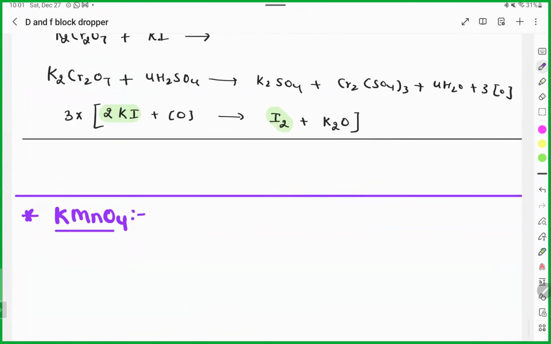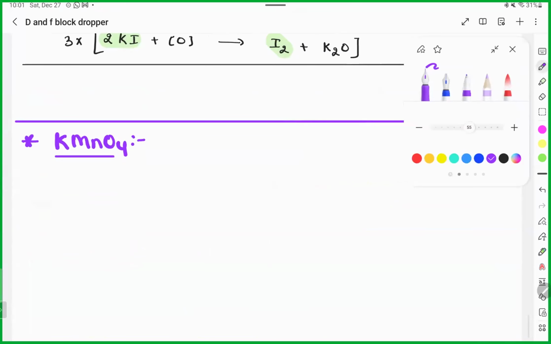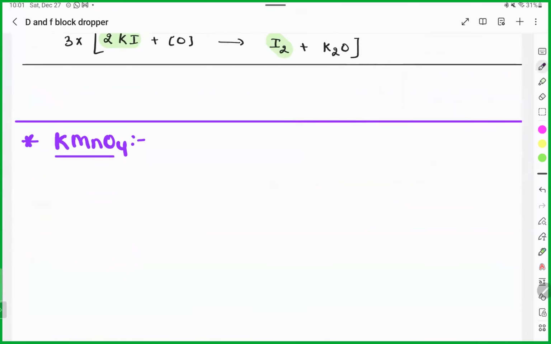Okay. So if you do KMnO4, what will happen? Same like K2Cr2O7. When this KMnO4 reacts with the H2SO4, it will convert into K2SO4, but it will also convert into MnSO4.